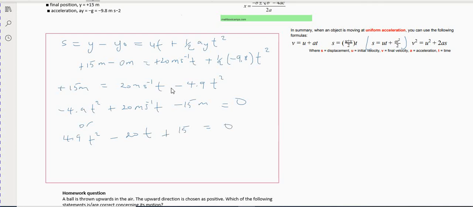All we did was bring this on this side and bring the 20t on that side as well. We'll basically get this. Now, with that being said, we have what we call a quadratic equation, right?